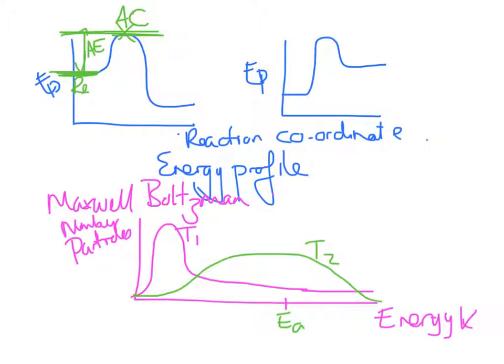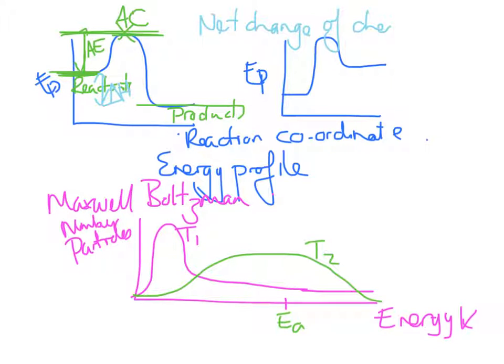These are the reactants, the end is the products, and you've then got, between reactants and products, the delta H value. What is delta H? It is the heat of the reaction, and that is defined as the net change of chemical potential energy in a reaction.